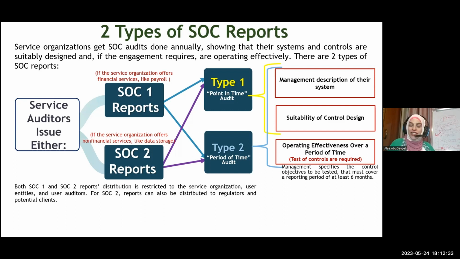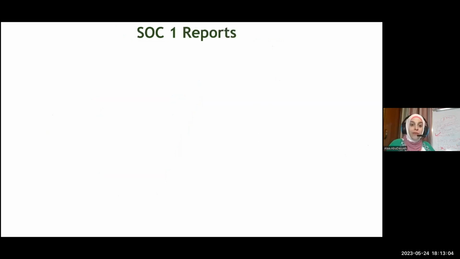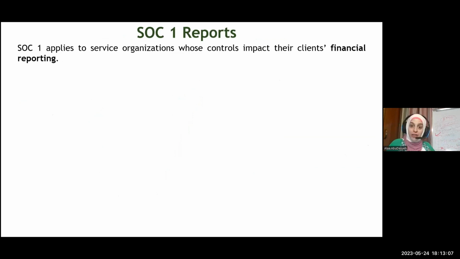So you as a client, for example, if you are saving important information using the services of a cloud-based service organization, you have the right to ask for the SOC2 report in order to ensure that this cloud service provider has the proper controls to keep your information secure in terms of confidentiality, privacy, availability, and integrity. So this is the basic difference between the SOC1 and SOC2 reports.